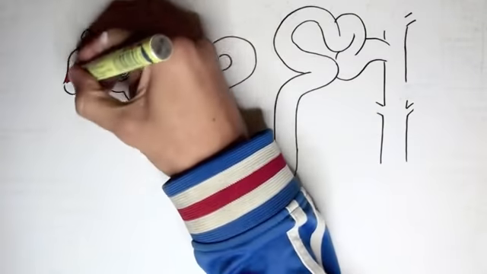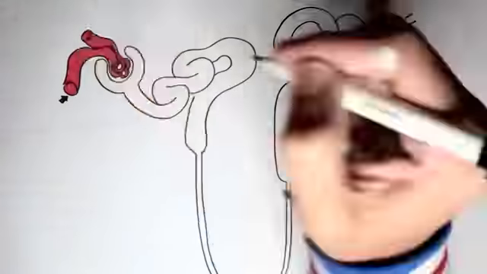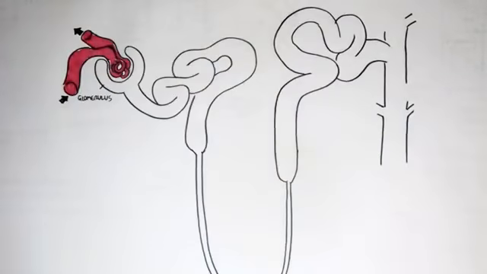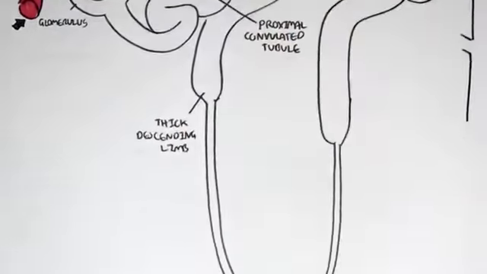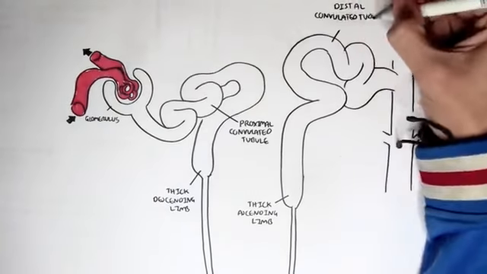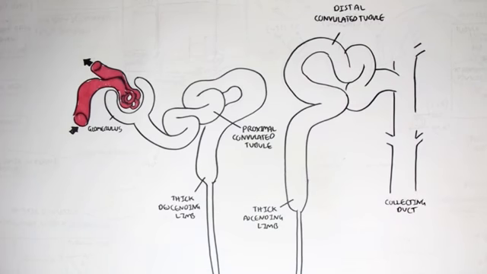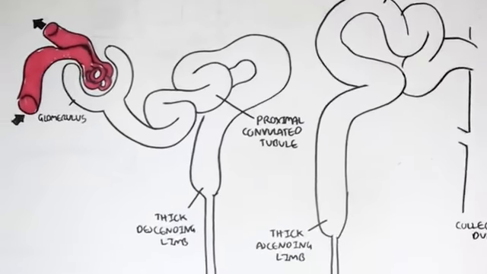So here we have the glomerulus with the afferent arteriole coming in and the efferent arteriole coming out. Here we have the proximal convoluted tubules, the thick descending limb, the loop of Henle, the thick ascending limb, the distal convoluted tubules, and the collecting duct. Now let us look where along this tubule of the nephron sodium and other substances can be reabsorbed.